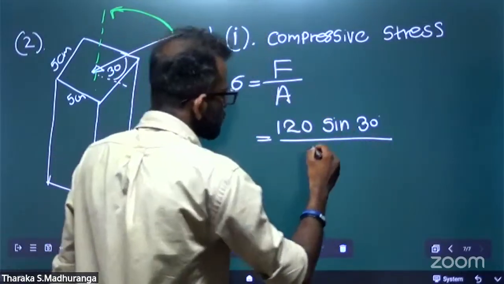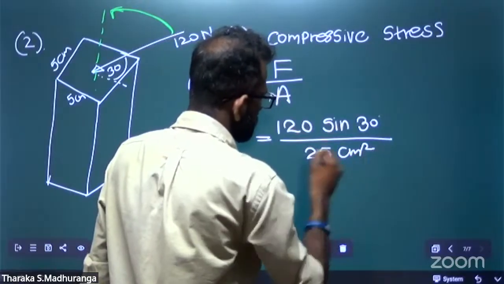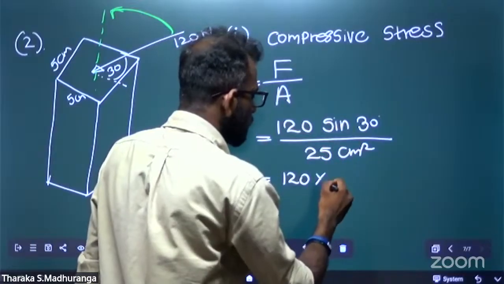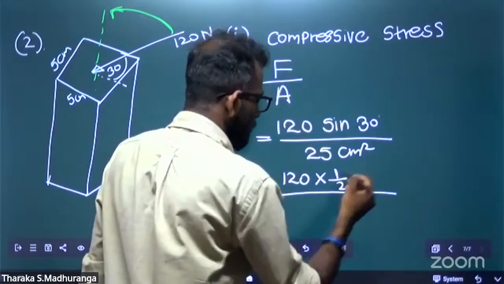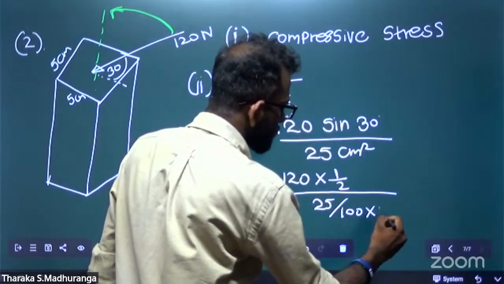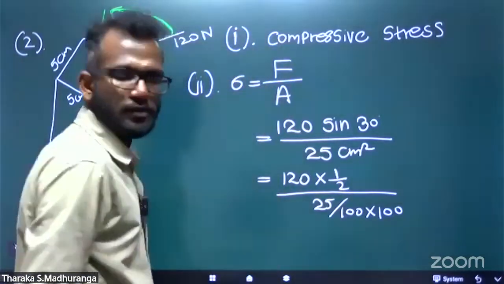Area is 25, 5 into 5, no? 25 square centimeter. Now 120 sine 30, you already know, is half. Sine 30 is half. 25 convert into square meter by dividing by 10,000.